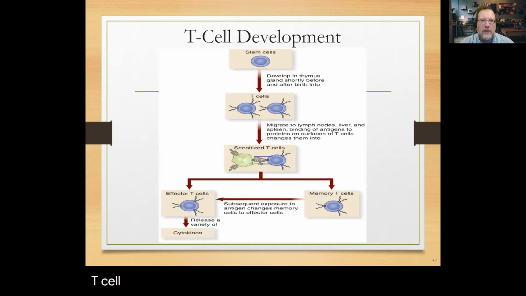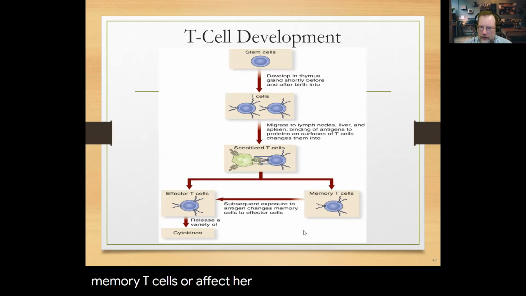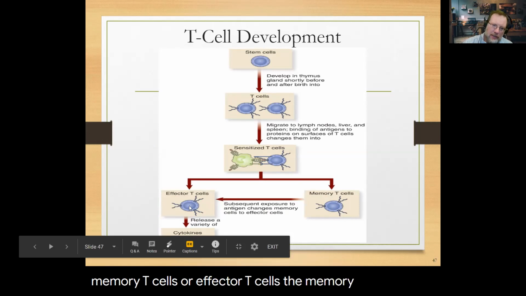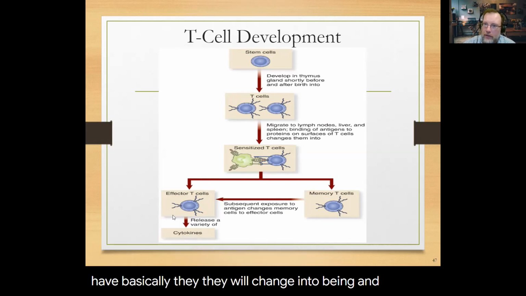T cells, again, mature in the thymus gland. T cells become either memory T cells or effector T cells. The memory T cells will change into being an effector T cell.